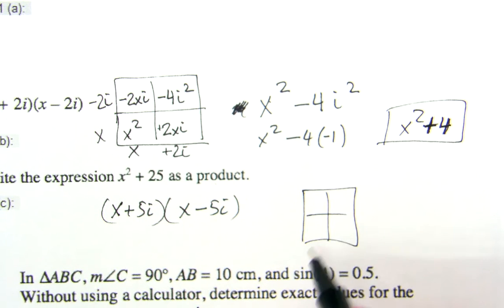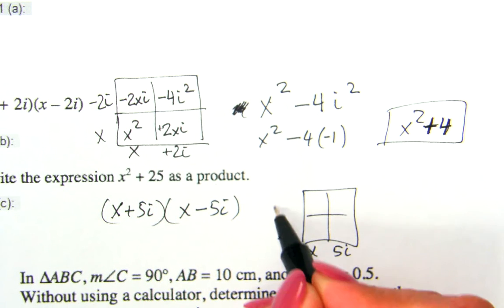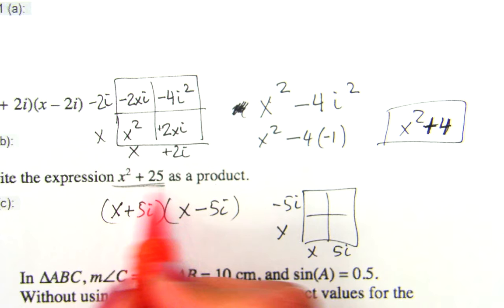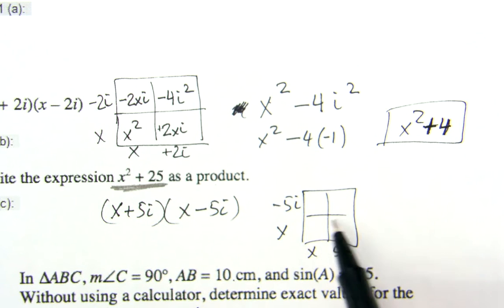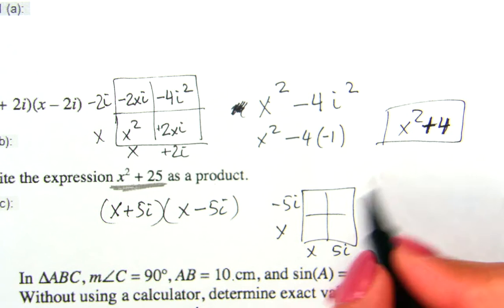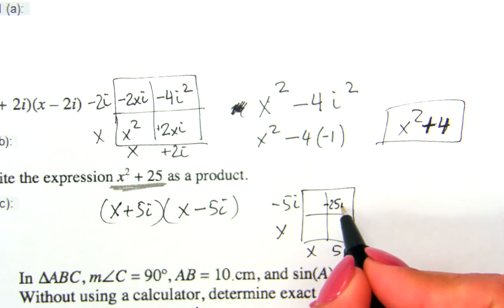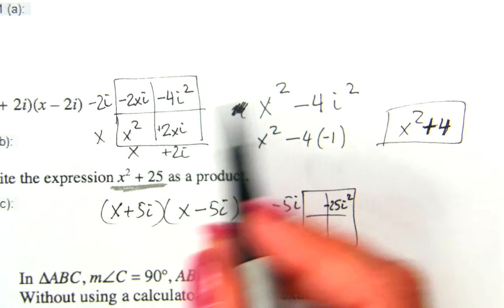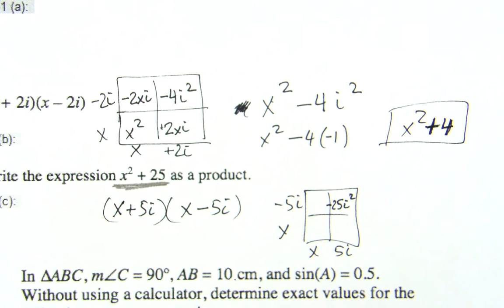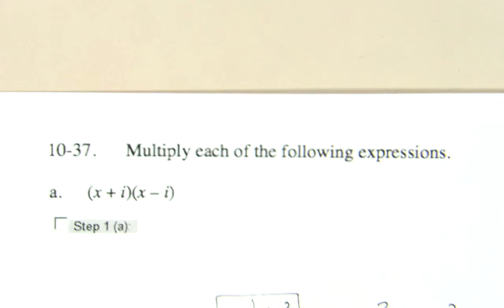And you can actually check it. If you do the product, x plus 5i, x minus 5i, and work it out, you should get, hopefully, x squared plus 25, because you'll have a zero pair down the diagonal, and then negative 5i times positive 5i gives you negative 25i squared, but i squared is negative 1, so you're pretty much back at the work that you did in part B. Okay, so that's 37, and then you should be able to handle 37a by yourself.